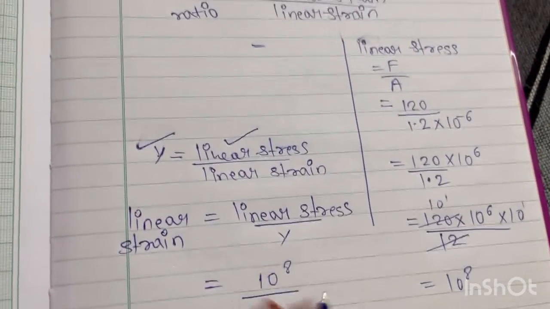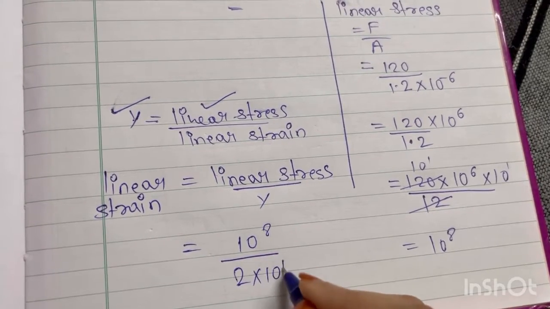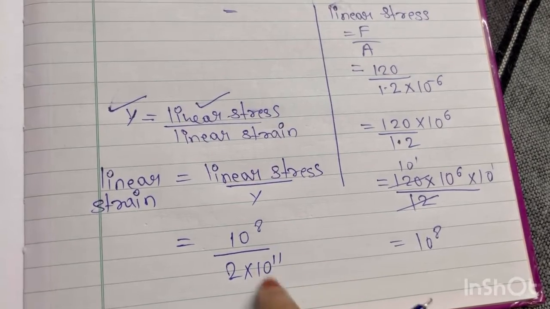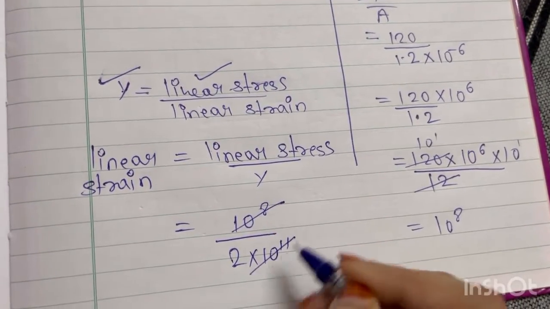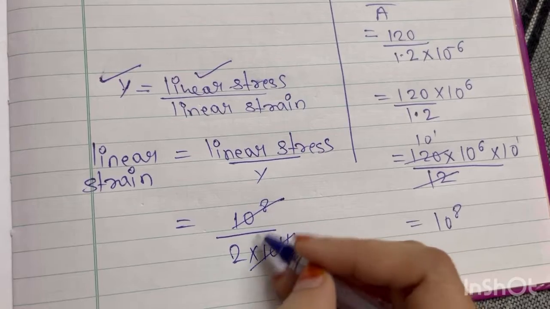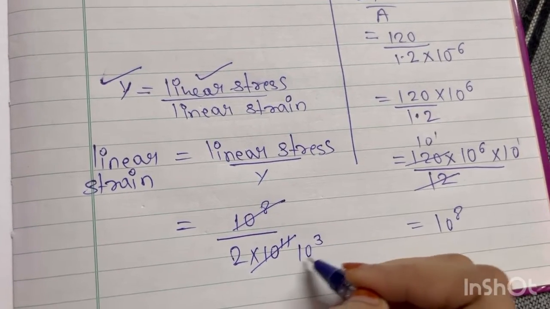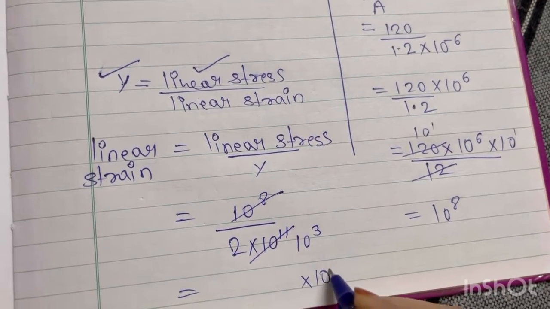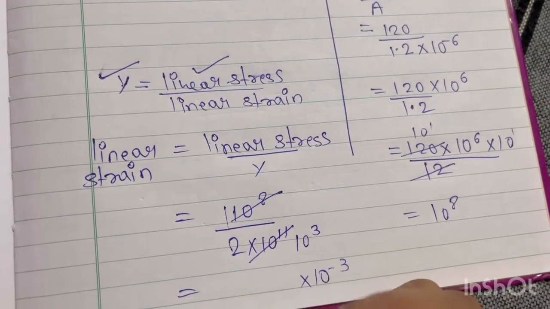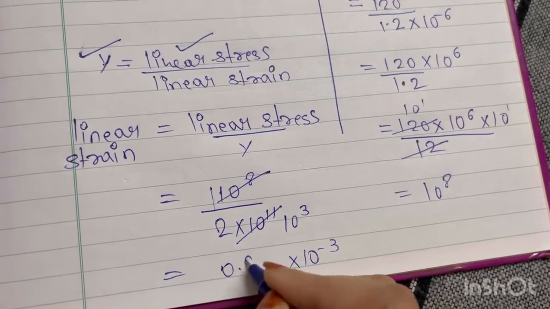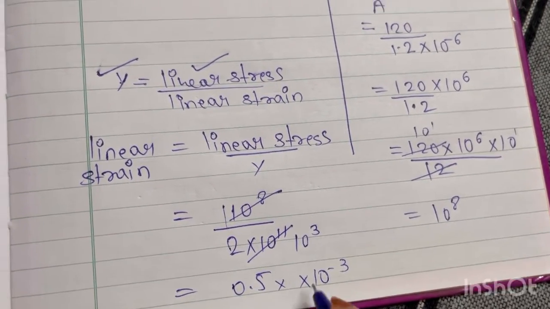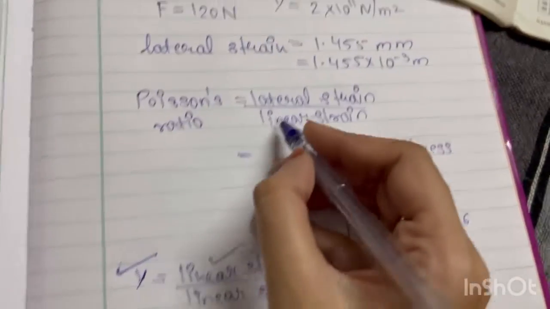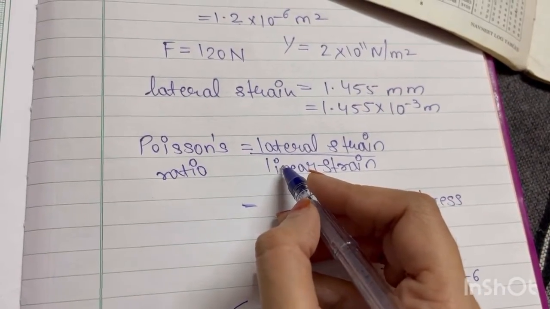Young's modulus is 2 into 10 raised to 11. When you cancel it over here, how much is left? You have just 3 remaining in the denominator. When you take it in the numerator, that becomes 10 raised to minus 3, of course. And here you are left with 1 upon 2, that is nothing but half. So for that, you can write 0.5. So now you have the value of linear strain, that is 0.5 into 10 raised to minus 3, which we can directly substitute over here.